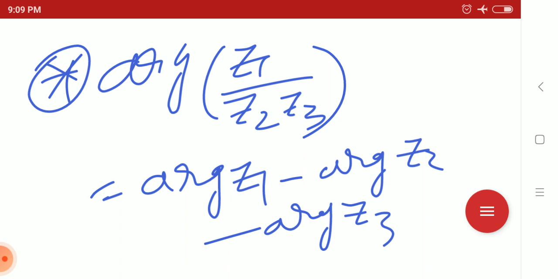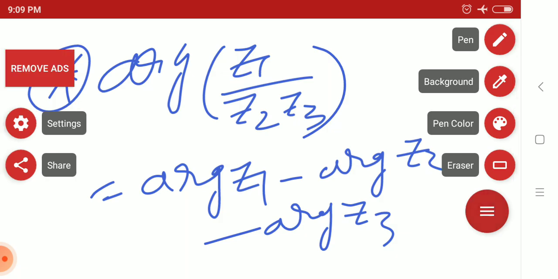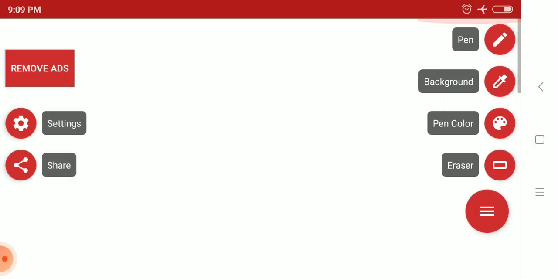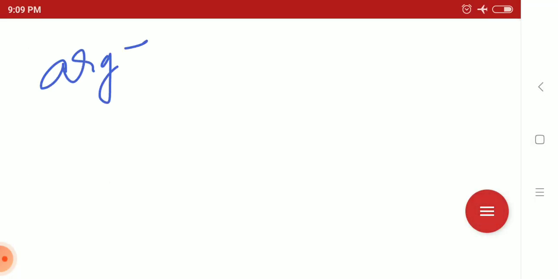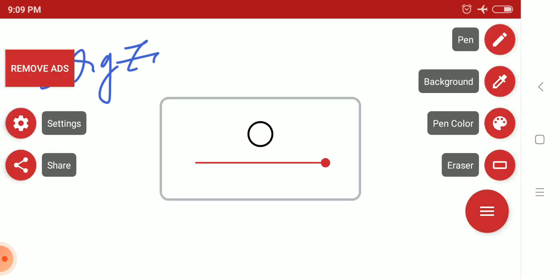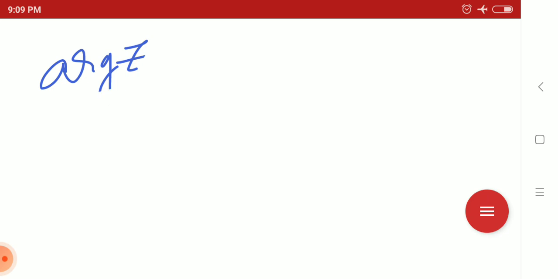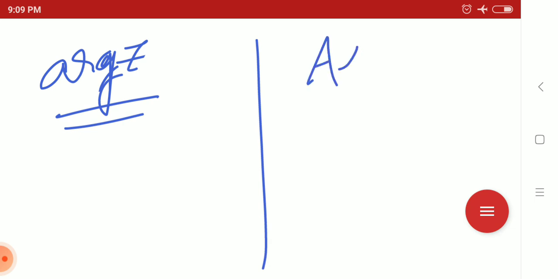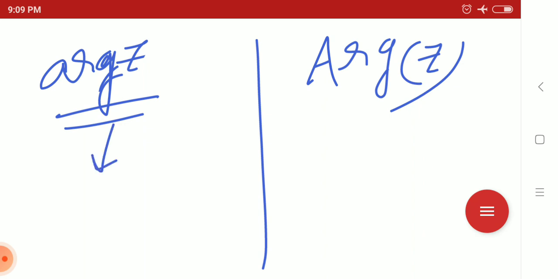Another important property, but before discussing that, we will discuss the difference between arg z, only argument of z, and the principal value of argument of z. What's the difference? Small arg z is valid only for a multi-valued function.